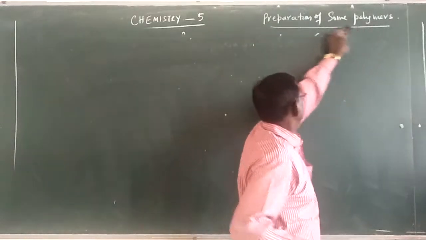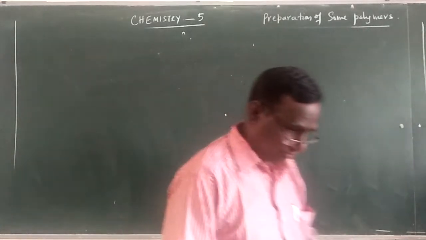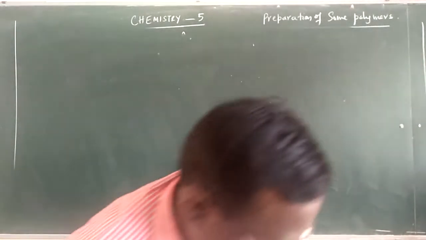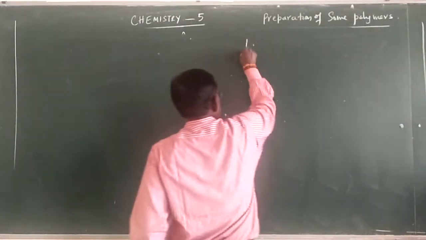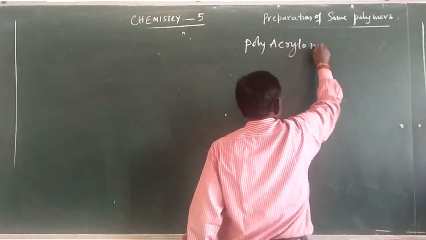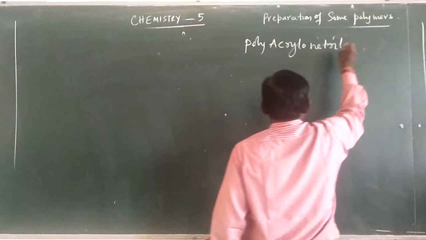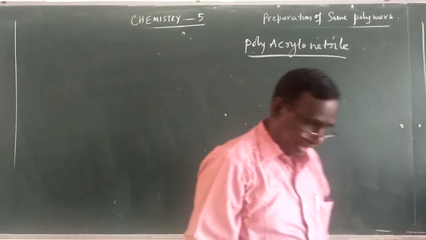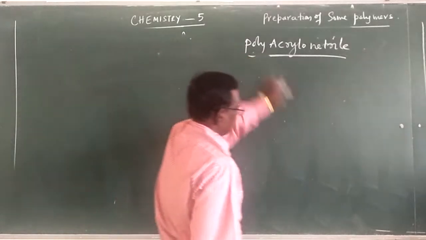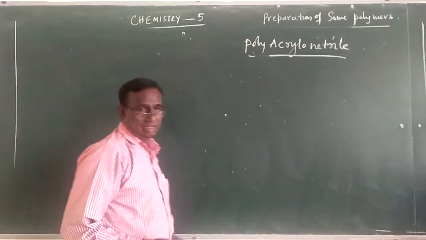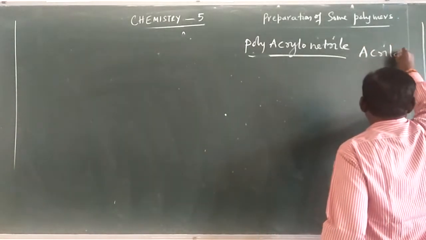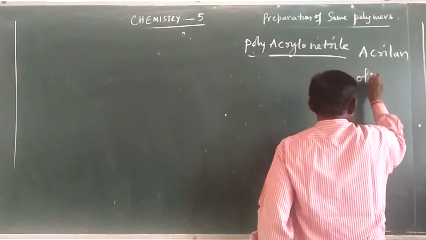And then number 3, polyacrylonitrile. This polyacrylonitrile is also called acrilan or Orlon, you see.